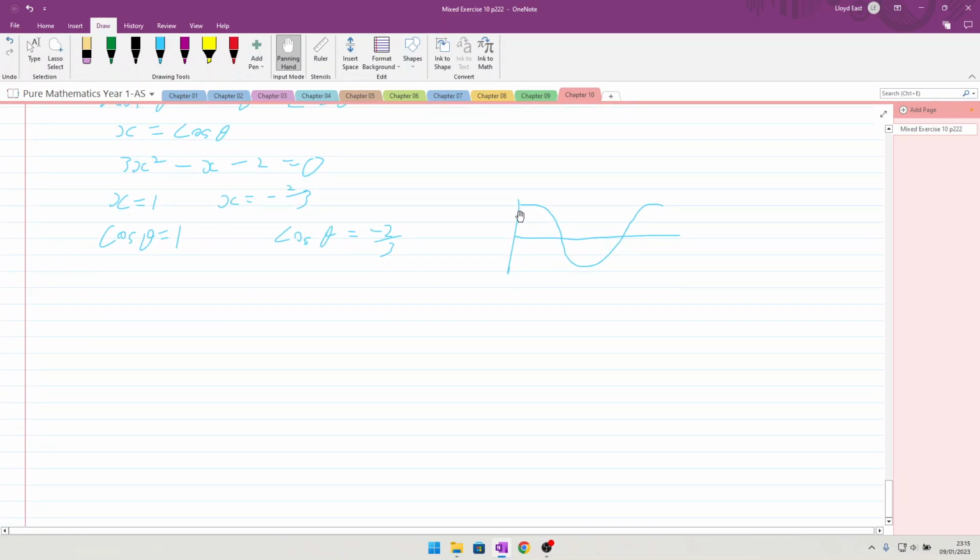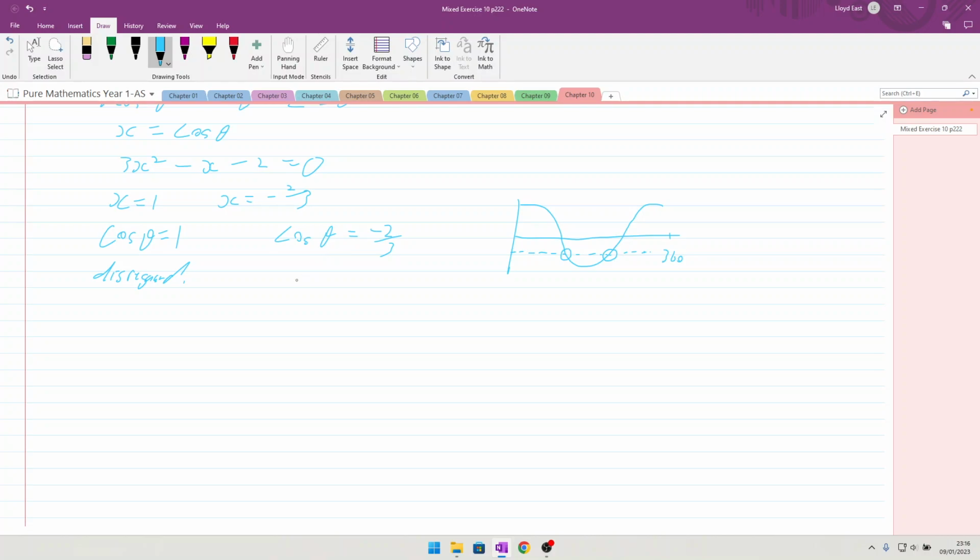So it's equal to 1 at 0, it's also equal to 1 at 360. So we can disregard this. Okay, and all we need to concern ourselves here is where we get these two solutions of cos theta equals minus 2/3.